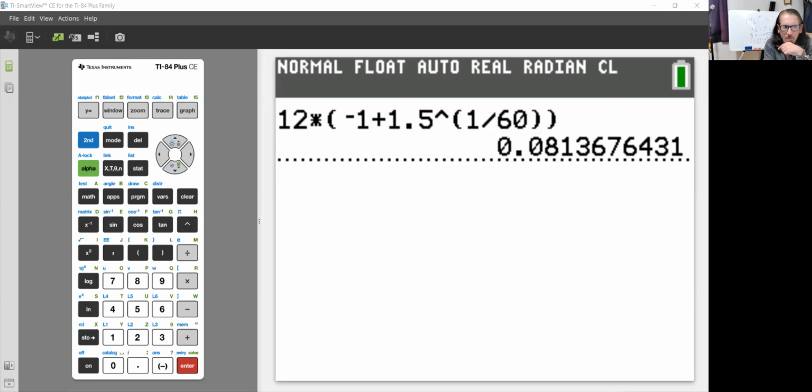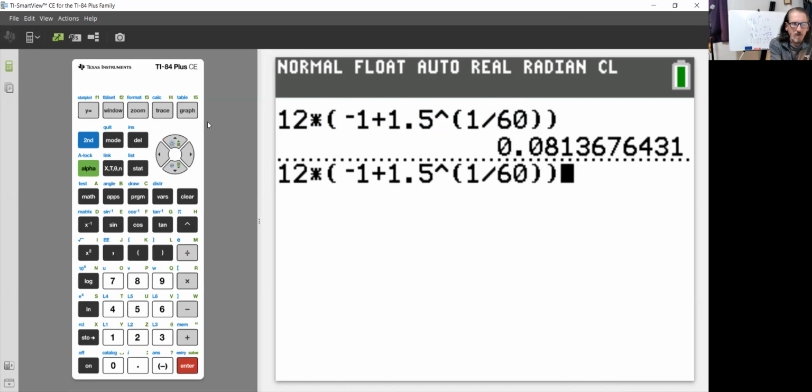All right. Hopefully the calculator is what is showing up. Double checking that. It looks like it is. Okay. So 1.8 instead of 1.5.